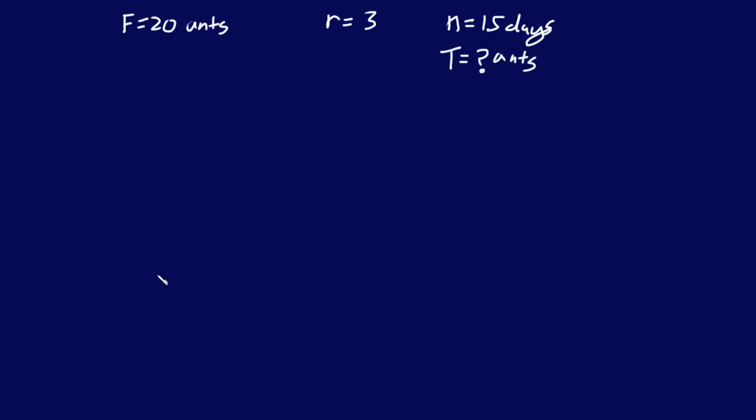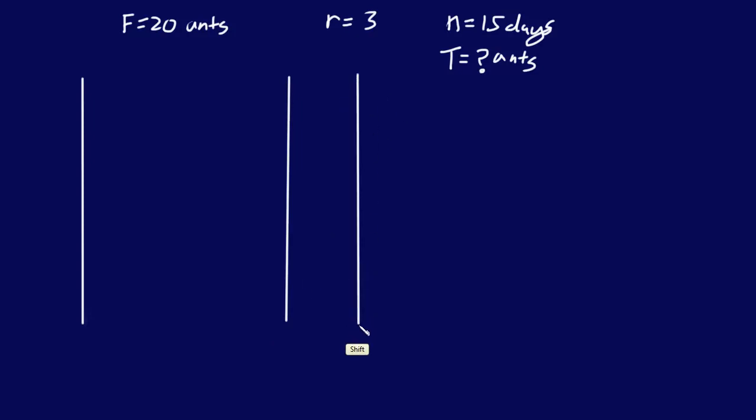And so what we can do is just set up a table. Let's set up a table here, and I'll create some space so I've got room. Okay, so this is going to be the number of days, and the unit of measurement for this column is days.